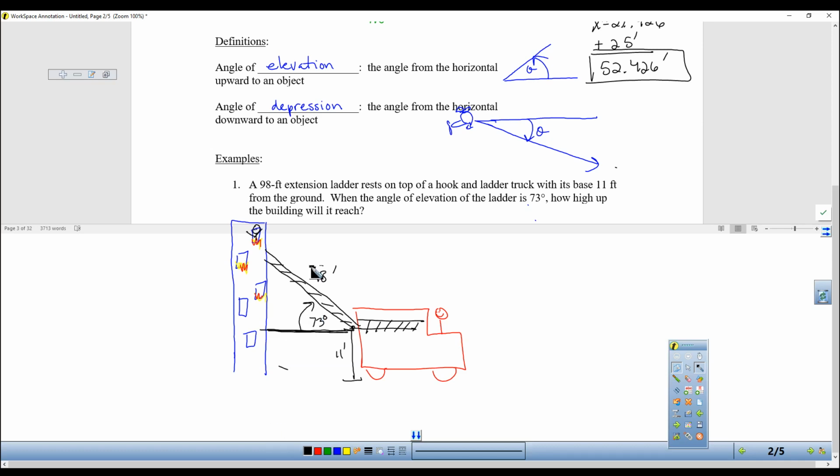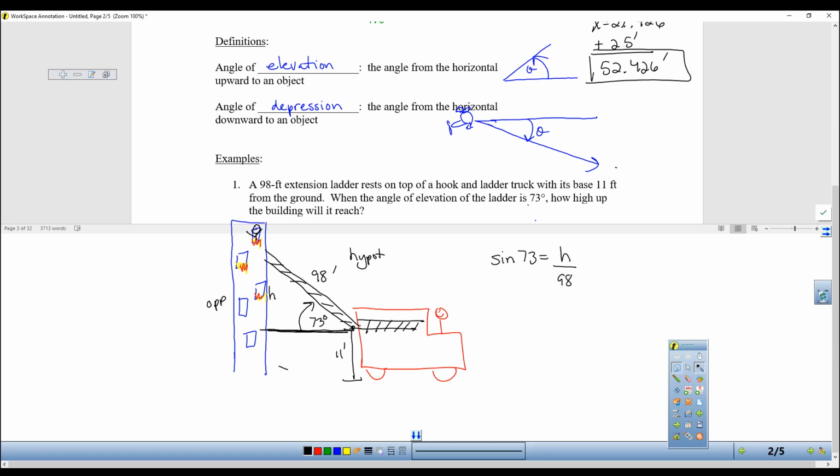So in this case, I'm trying to figure out how high it reaches, which is the opposite side, and I have the hypotenuse. So which trig function is that? It's sine. Sine of 73 is equal to the opposite side over the hypotenuse.